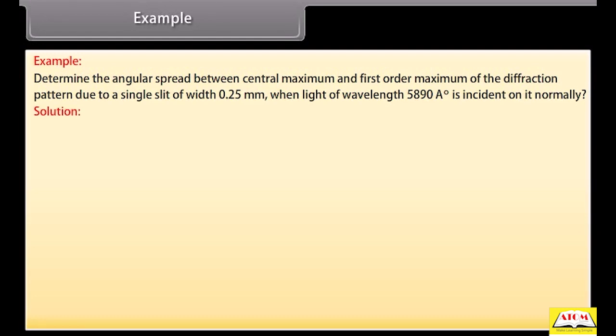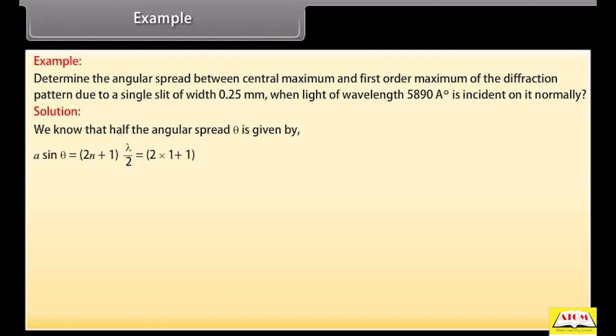Let's see the solution. We know that half the angular spread is given by a sin theta equal to (2n plus 1) lambda by 2. On equating this, we get a sin theta equal to 3 lambda by 2. When theta is small, then the value of sin theta is equivalent to theta.